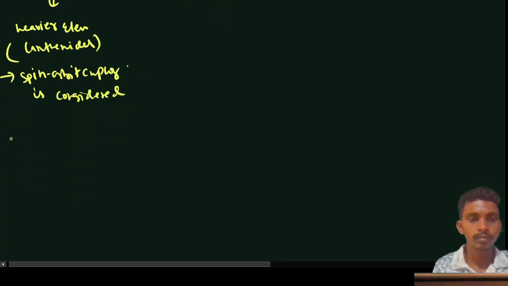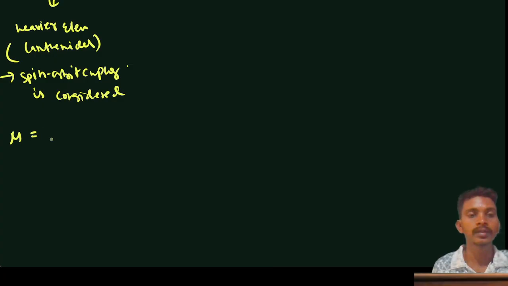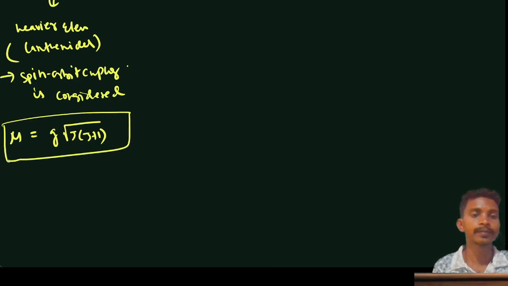And its formula for the magnetic moment is g times the square root of J(J plus 1). This is the formula for heavier elements.